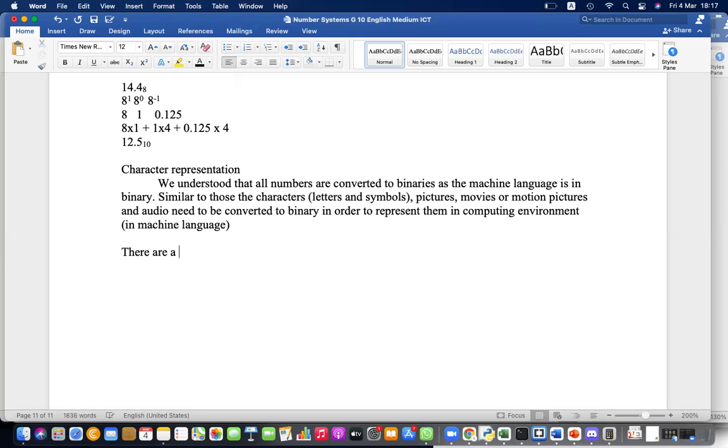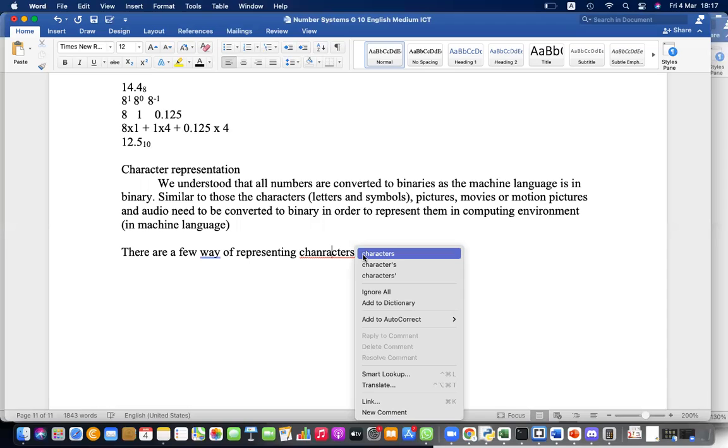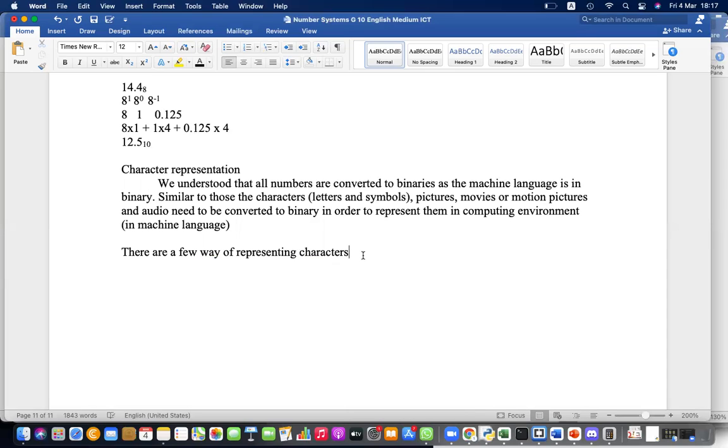There are a few ways of representing characters. Actually, the picture representation, video representation and audio representation, we will not discuss in this grade.